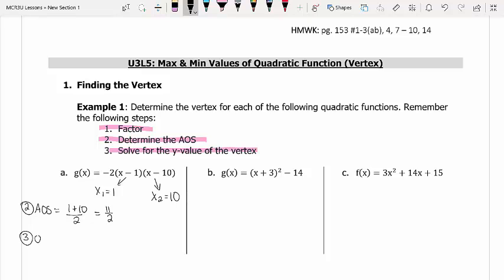Let's find the optimal value next. So we're going to plug in the axis of symmetry into our original equation.